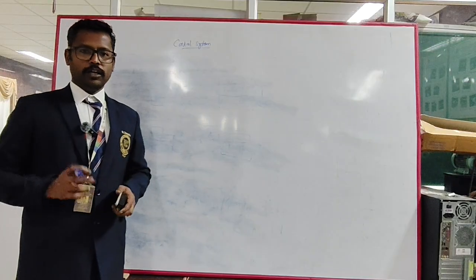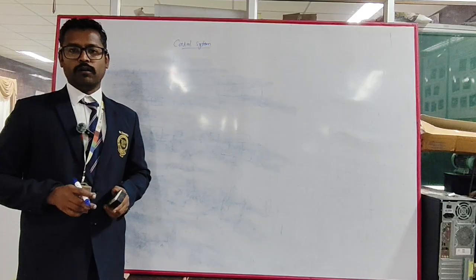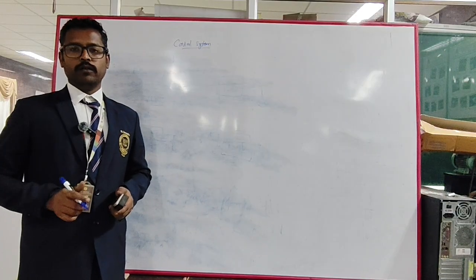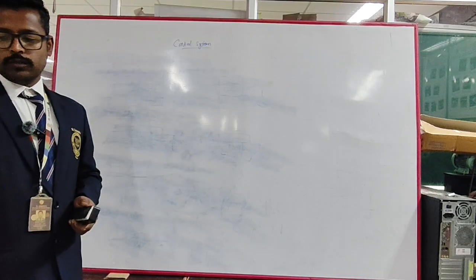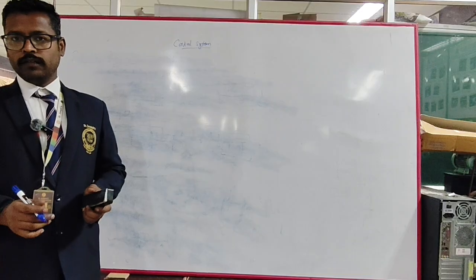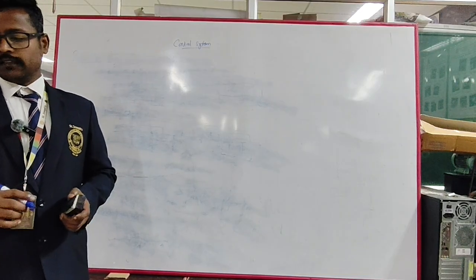Okay, I think everyone is very clear about the block diagram and the rules for block diagram reduction. So now let's move on to discuss a problem. First we are taking a simple block diagram which will be reduced to a single transfer function.